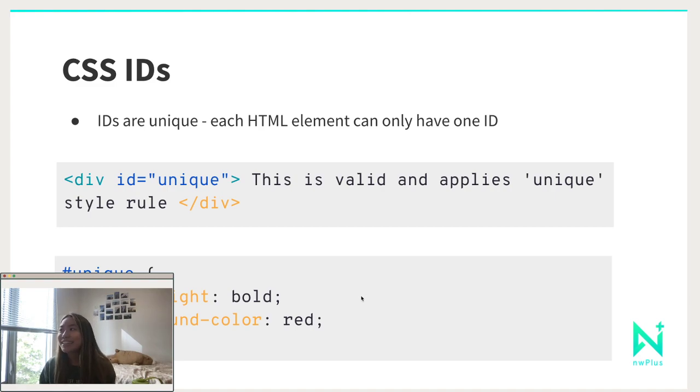Speaking of IDs and classes, IDs are unique, which basically means that each HTML element can only have one ID. In this example, if I had another ID here, it would not apply. You can reference it in your style sheet using the hashtag right before the selector.